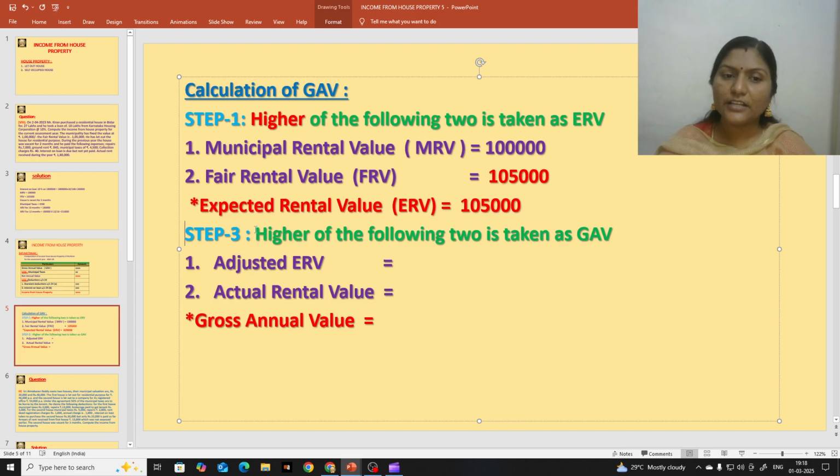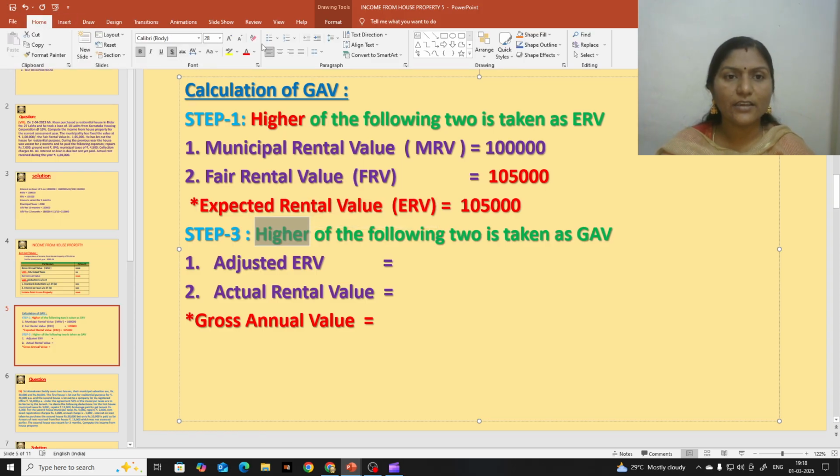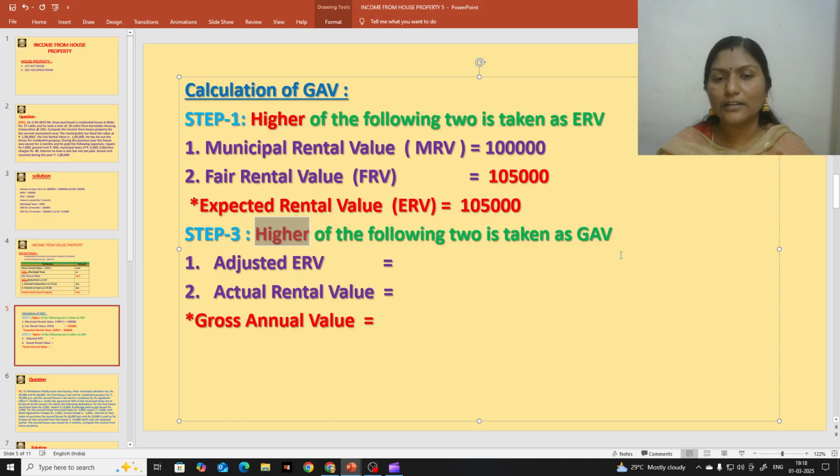And step 3 is what? The higher of the following two is taken as GAV, gross annual value. First one is adjusted ERV. Always remember, in every step the previous step's answer will be taken as the first point. So in step 3, the first one is adjusted ERV, which we get in the second step, but we don't have a second step, so this is not adjusted ERV.